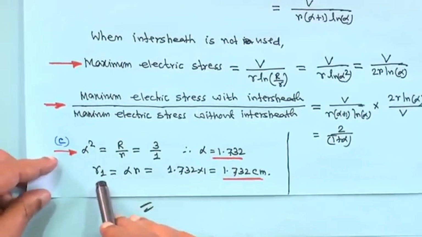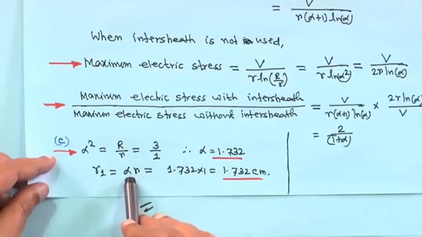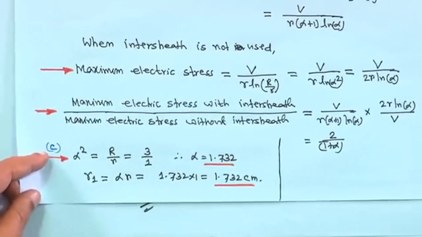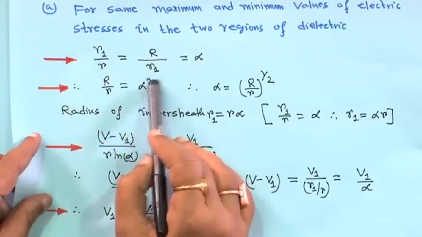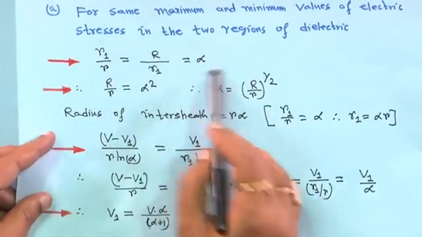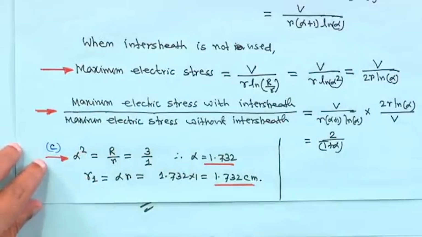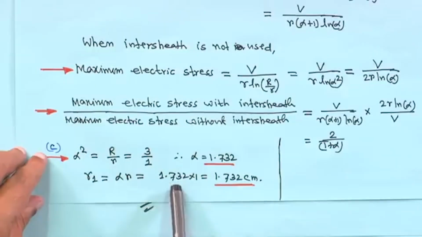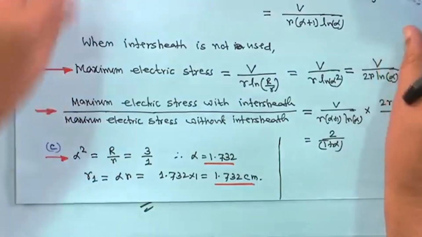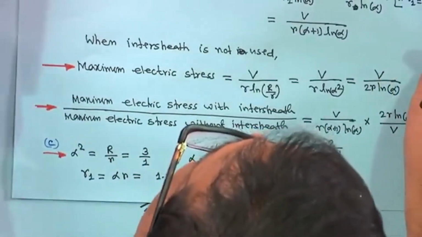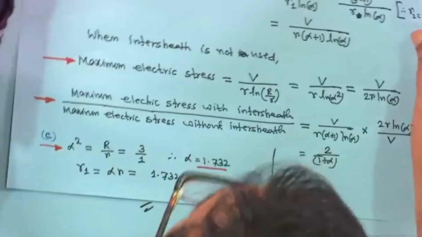Therefore, R1 is equal to r alpha, this relationship we know from here only, this condition is always known, R1 upon r is equal to R upon R1 is equal to alpha. So, R1 is equal to alpha r, alpha is 1.732 into r is 1, so 1.732 centimeter, that is R1, right.